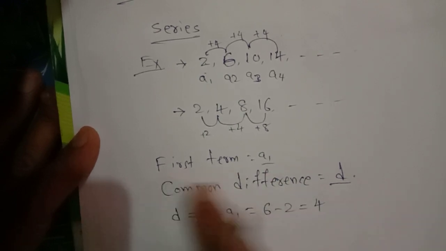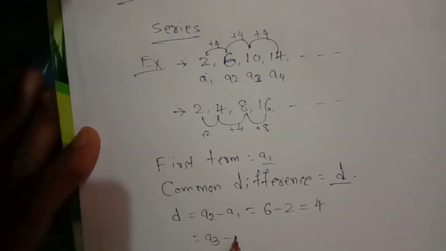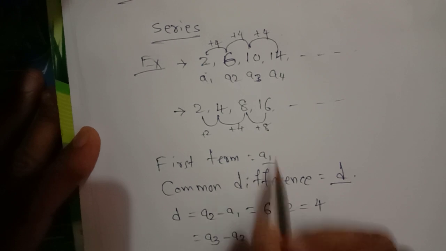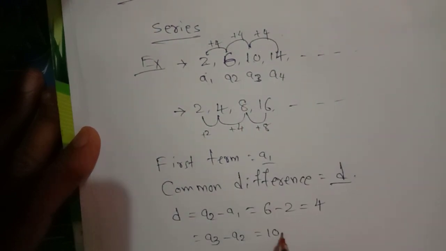What difference did we get? 4. Let us check the next one, A3 minus A2. A3 is 10 and A2 is 6, again the difference is 4.